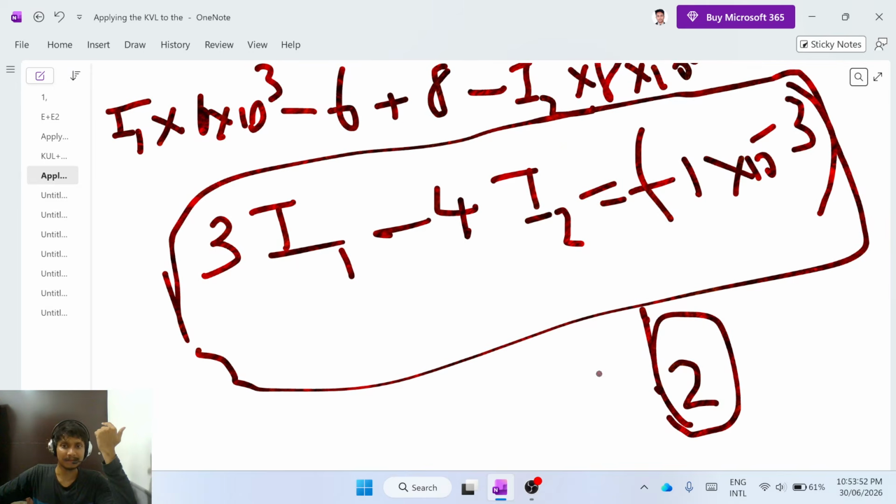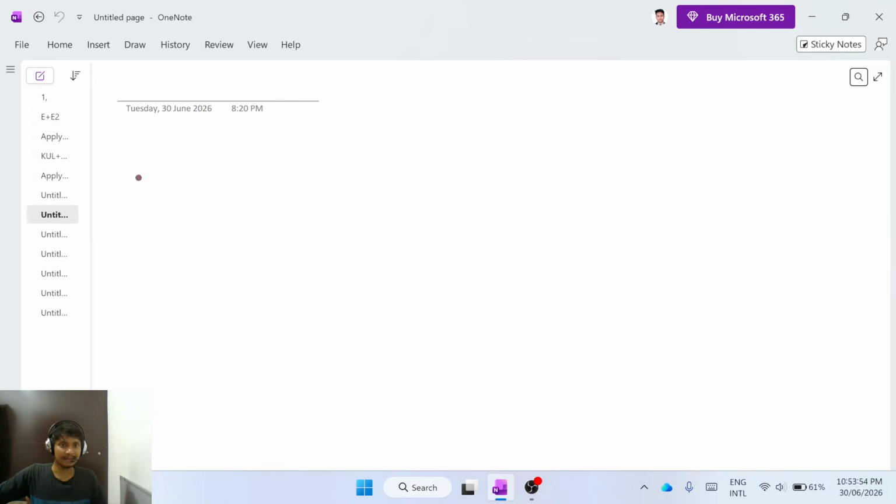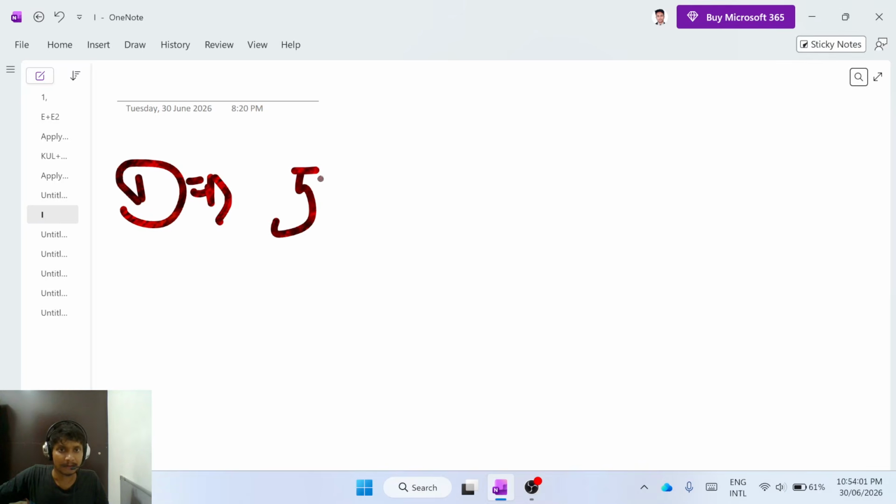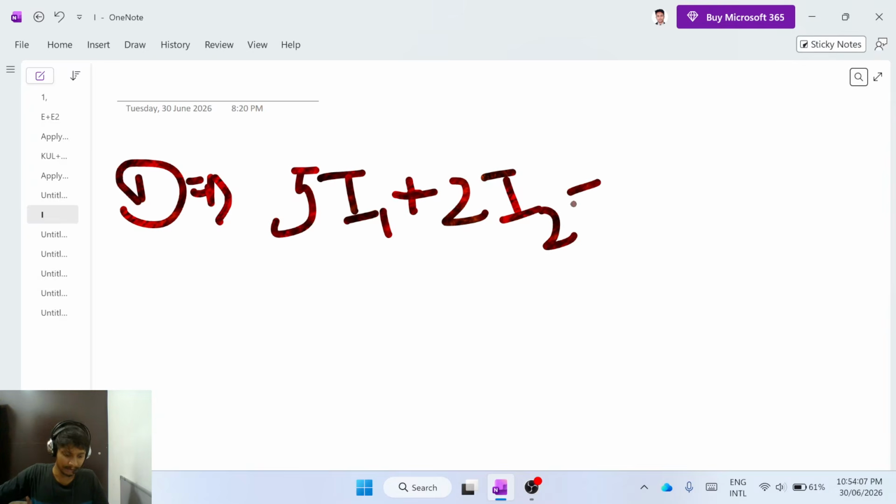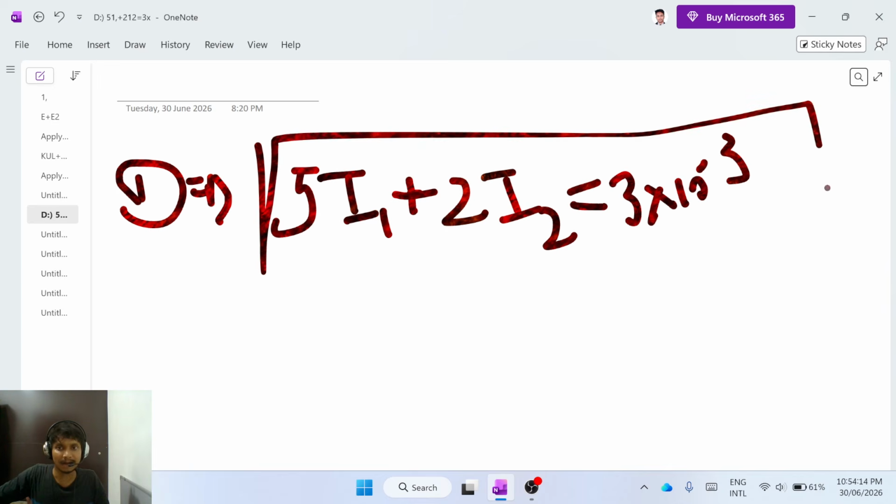Now the first equation is 5I1 plus 2I2 is equal to 3 into 10 to the power minus 3. This is the first equation.